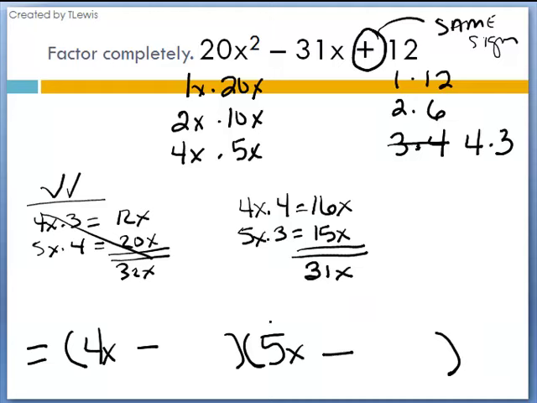We want 5x to be multiplied by what number to give us the 15x? Well, you want the 5x to be multiplied by the 3. So we're going to place the 3 in the first parenthesis and then 4 in the last parenthesis. Now, if you want to, we can check our work by FOILing. This is our answer right now, 4x minus 3 times 5x minus 4.